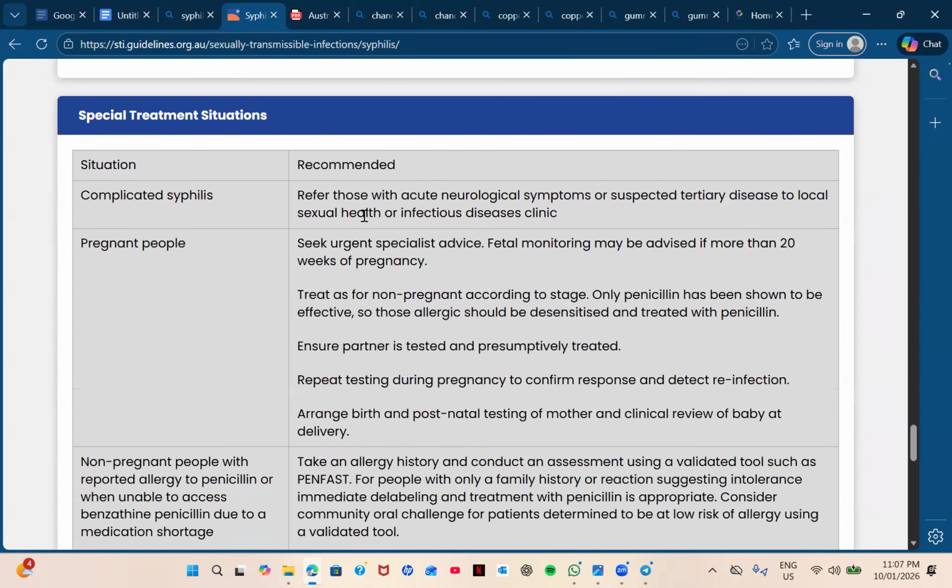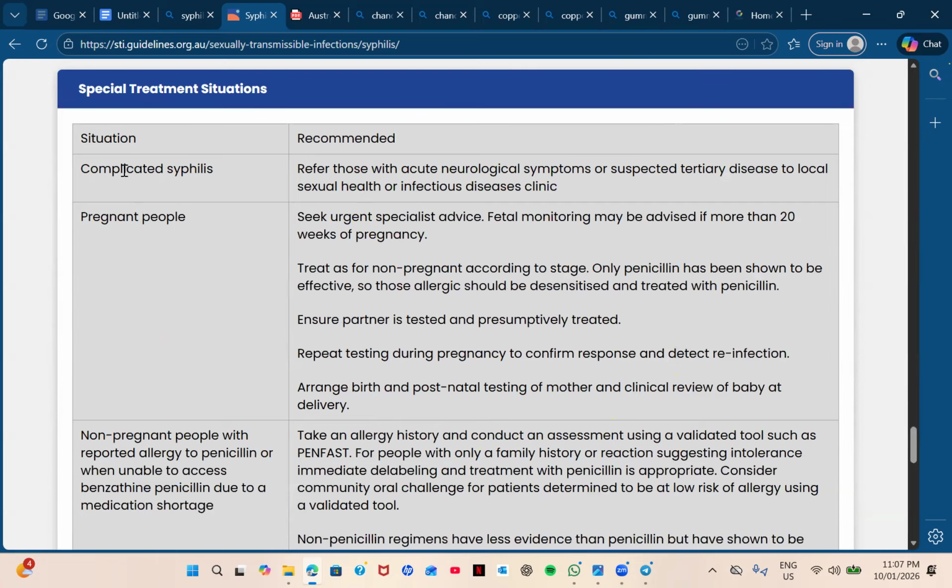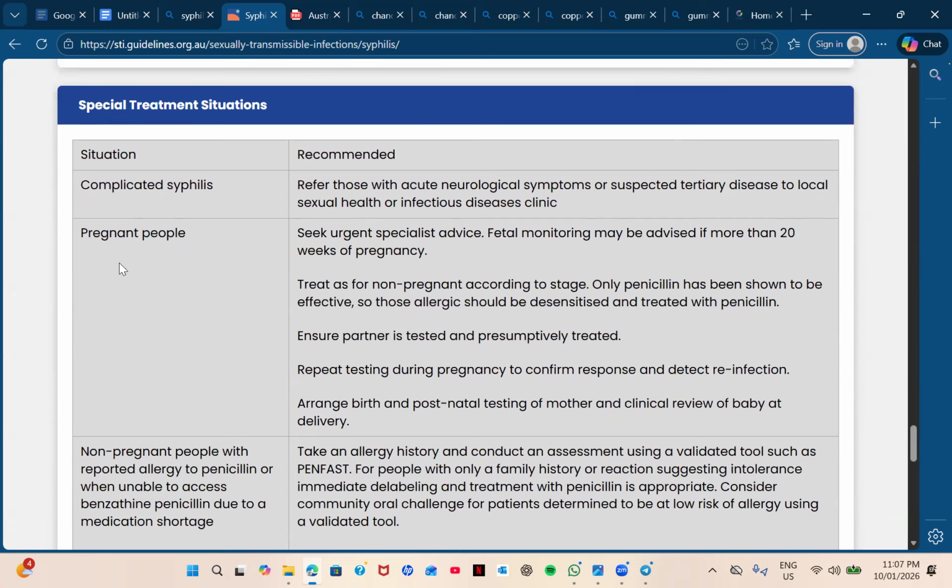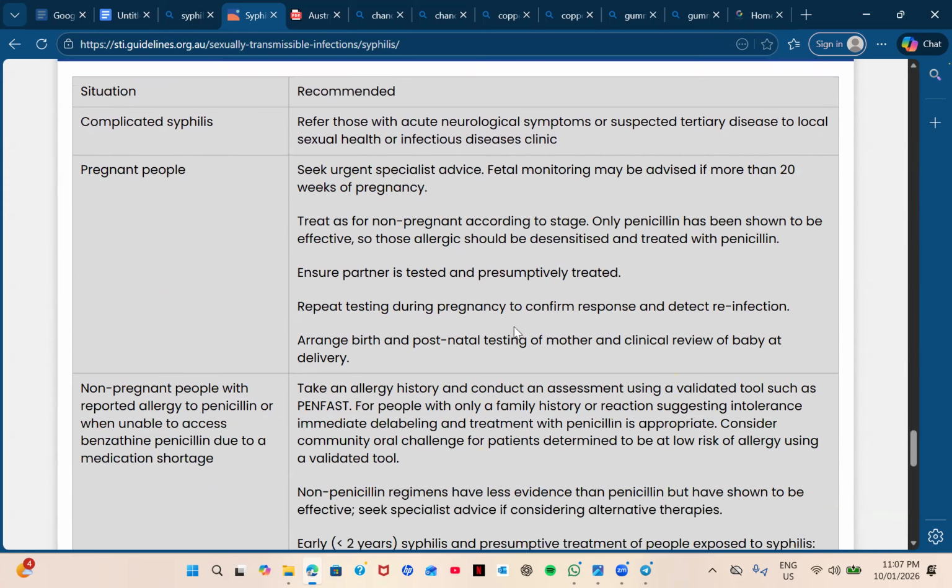So what about special treatment situations? In complicated syphilis, refer. For pregnant people, seek urgent specialist advice. Fetal monitoring may be advisable if more than 20 weeks of pregnancy. Ensure the partner is tested and treated. Treat as for non-pregnant according to the stage.